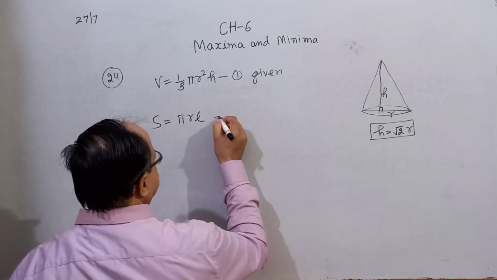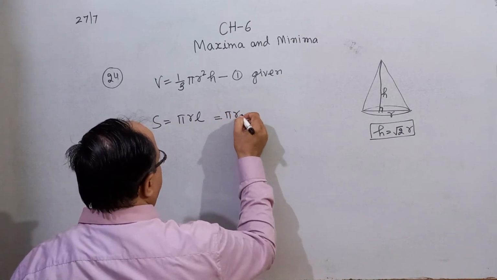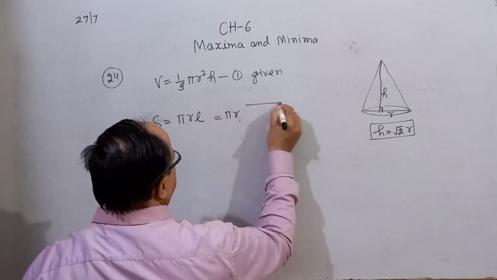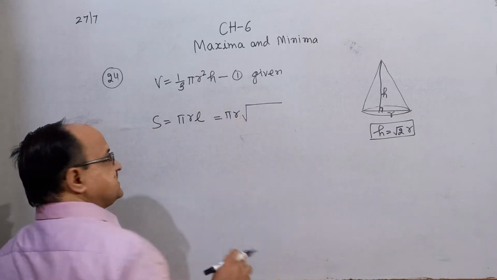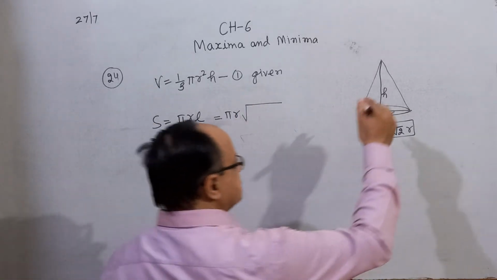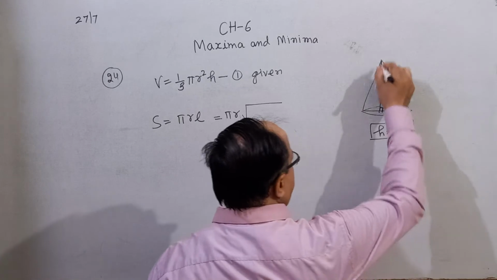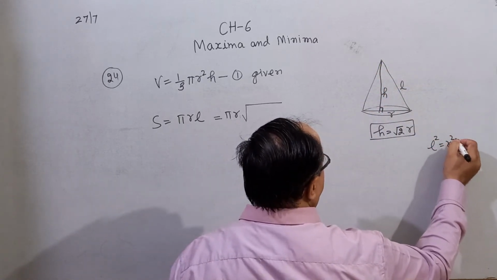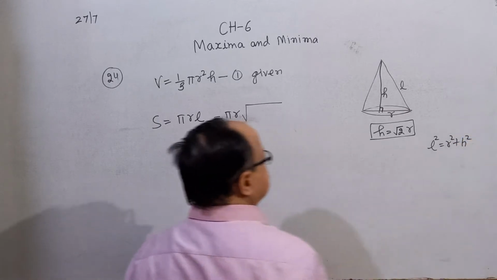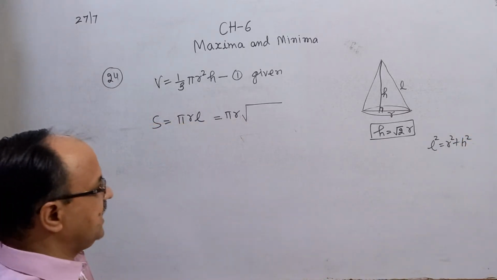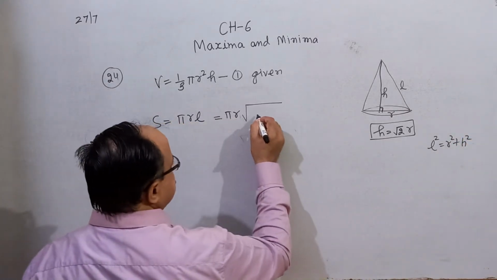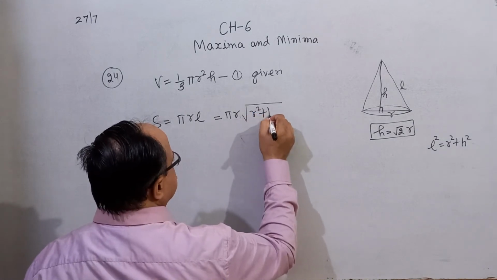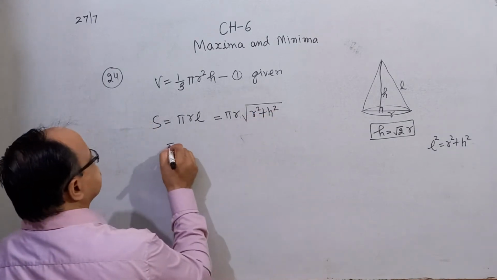Now, pi RL. And what is the value of L? Slant height. Like Pythagoras theorem, you know that L square is equal to R square plus H square. The value of L is root of R square plus H square.